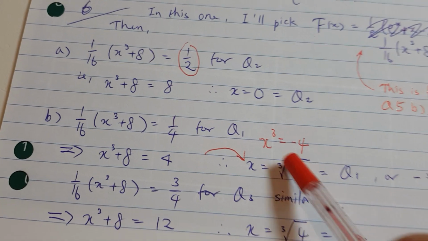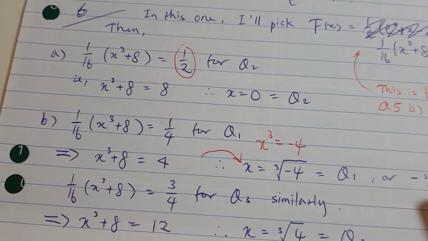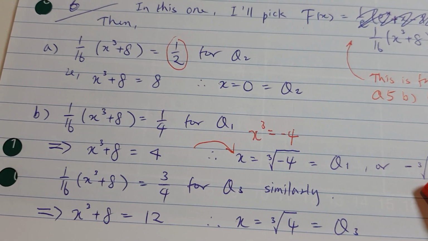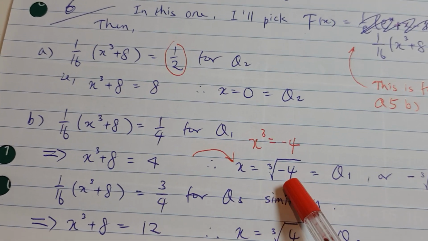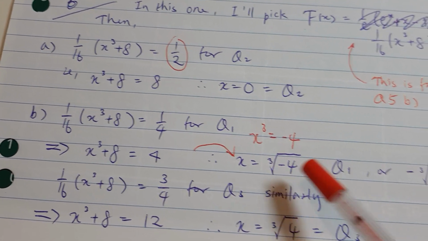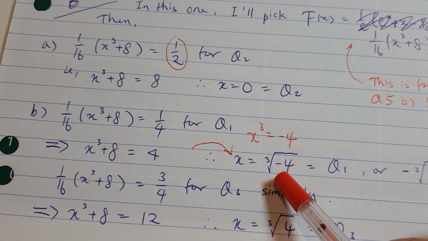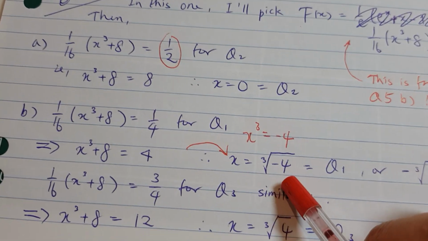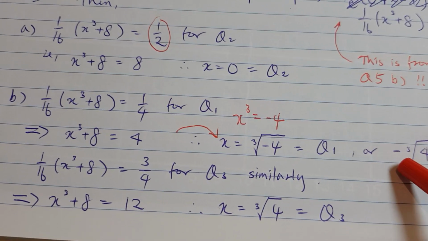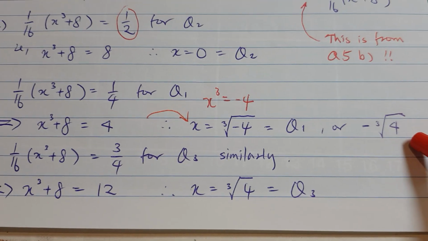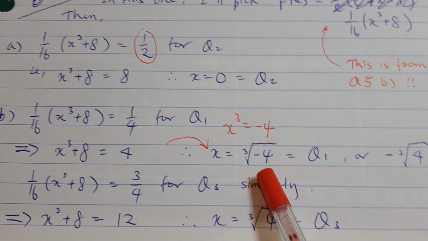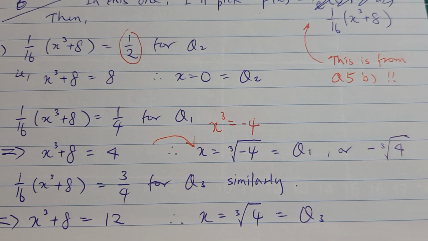That could also be interpreted as a negative cube root, because you can have a negative. The cube root of -4 is the same thing as the negative cube root of 4. Same thing. Or if you're in doubt, you can check that in your calculator.